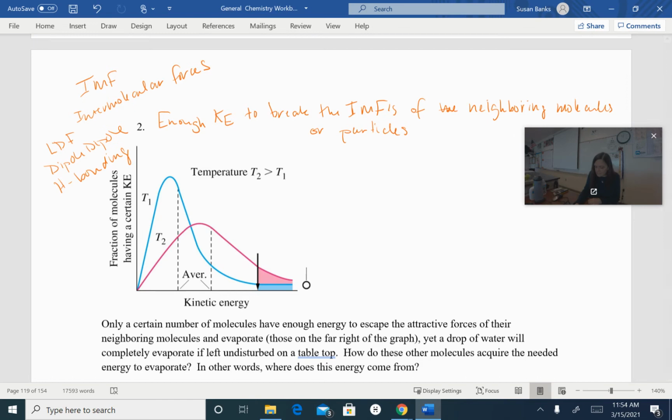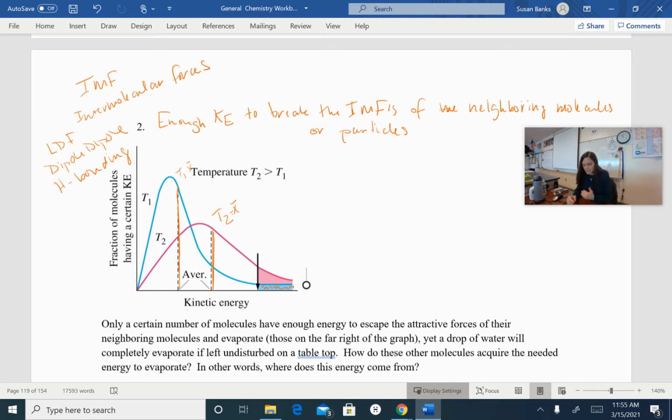So if I'm at T1, and this is my average temperature at T1, notice I only have this many molecules that actually have enough kinetic energy to break free of those intermolecular forces and become vapor. But if I raise the temperature, it shifts that average up here. So this would be my T2 average, and X bar just means average in statistics and in science.